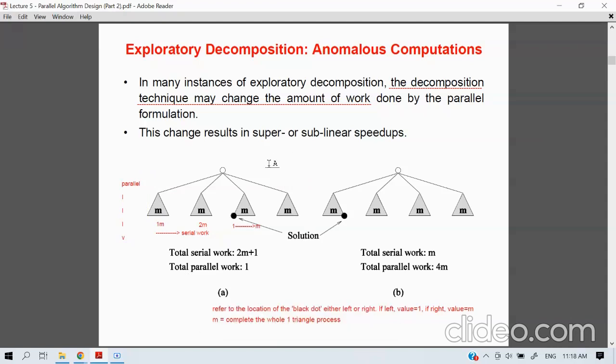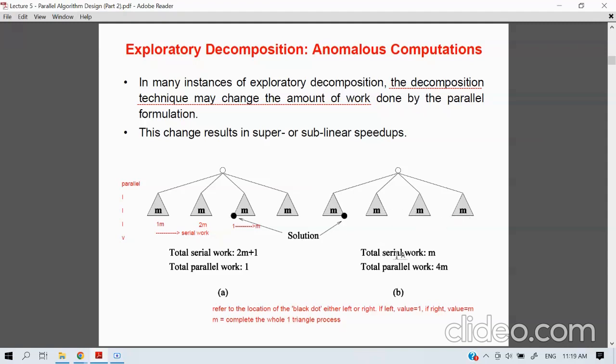Okay, Alhamdulillah. Let's look at B. Look at the circle. The circle is located at the right side, so it has already gone through the left to the right, through the M process. It has not reached the second, third and fourth M yet.